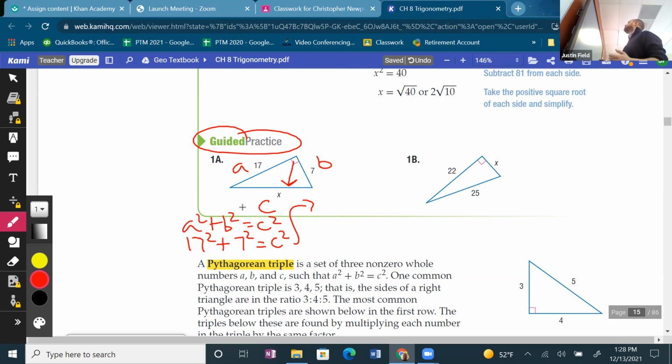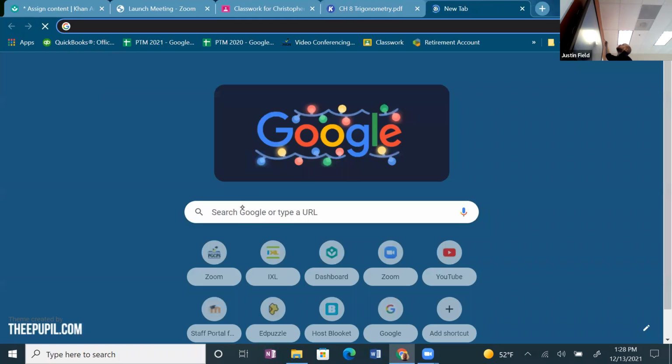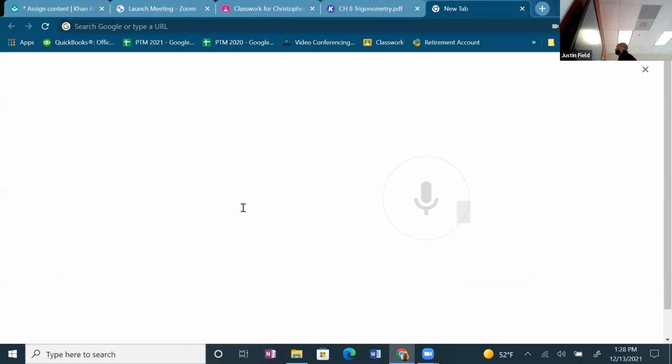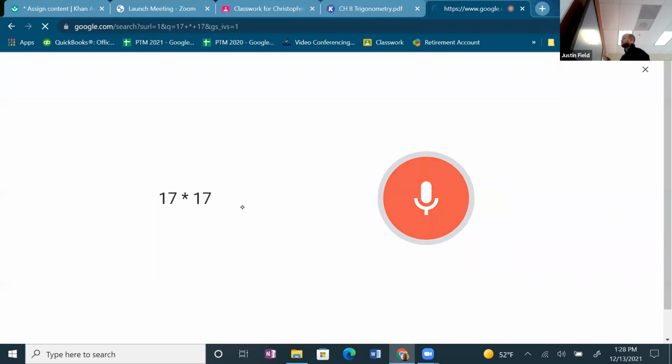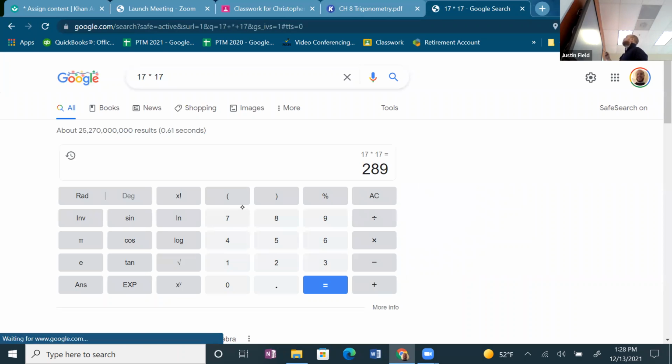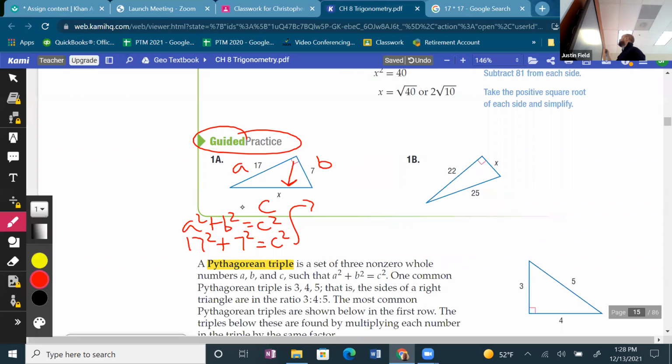What is 17 squared? Let's see, 17 times 17, 289. All right, so that's 289 plus 49 equals c squared.